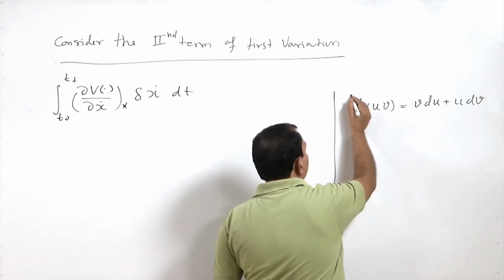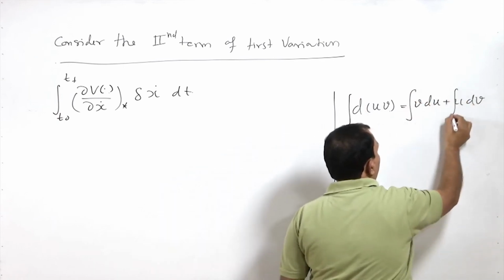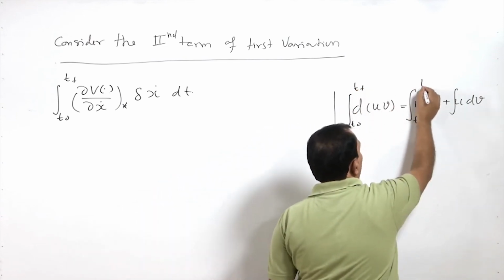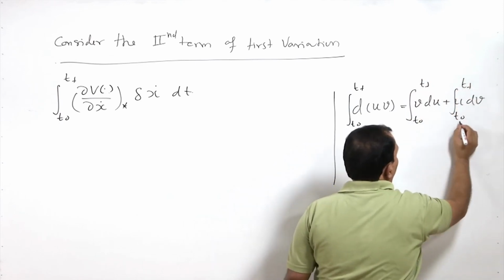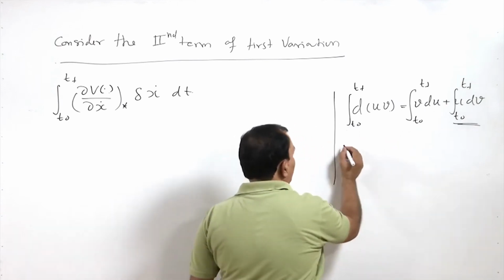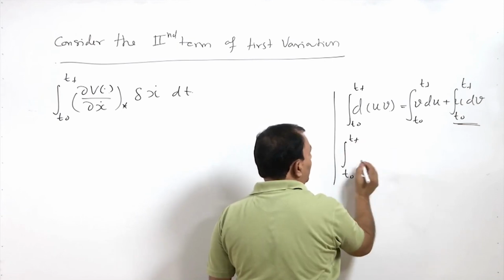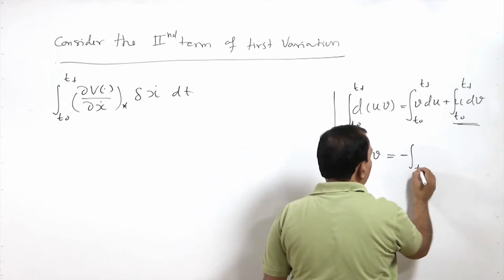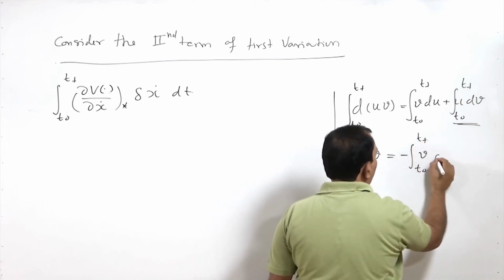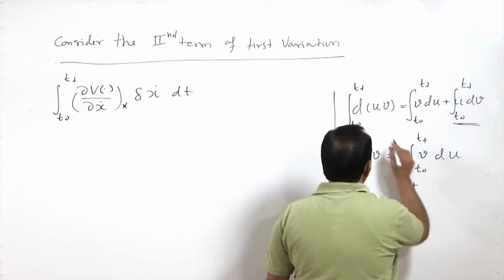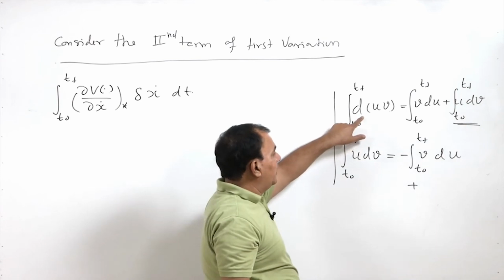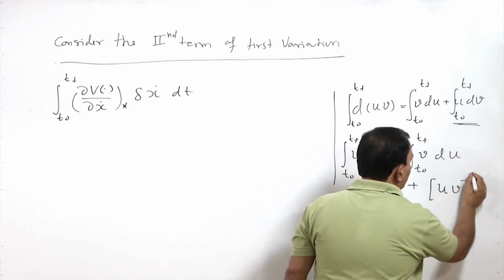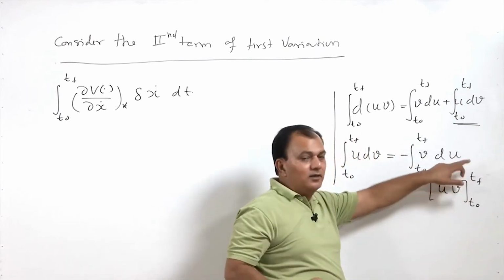If I integrate this with the given limits, T0 to Tf, I can write the integral from T0 to Tf of u dv as minus the integral from T0 to Tf of v du, plus, if I integrate this, I simply get uv, from T0 to Tf, meaning u and v evaluated at the T0 and Tf points.